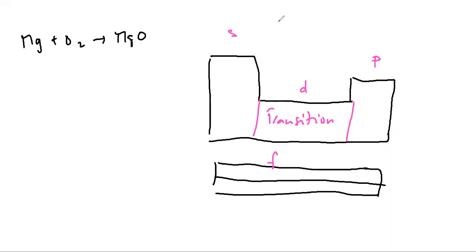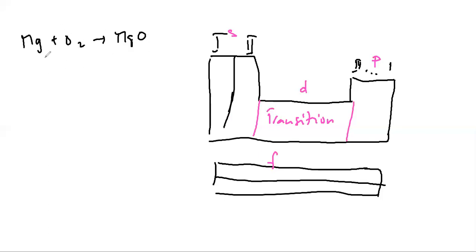So for example, let me pick one element from group two. This is group one, group two, and this is group three, and so on until group eight. All metals located in group two, when reacting with oxygen, will create MgO.